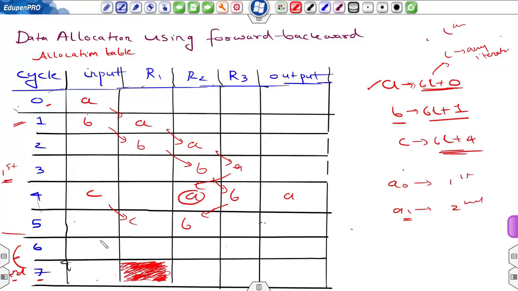Okay, so we are not writing A0, A1, An explicitly, we are just writing A, B and C. We have already included the periodic nature of the DSP system.